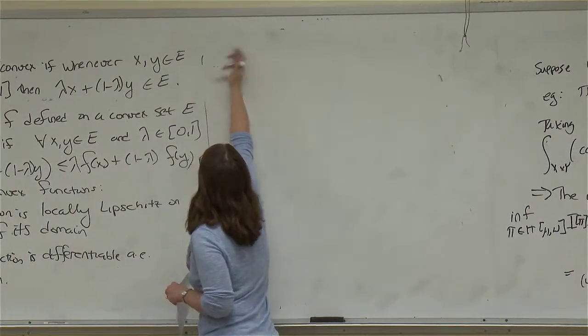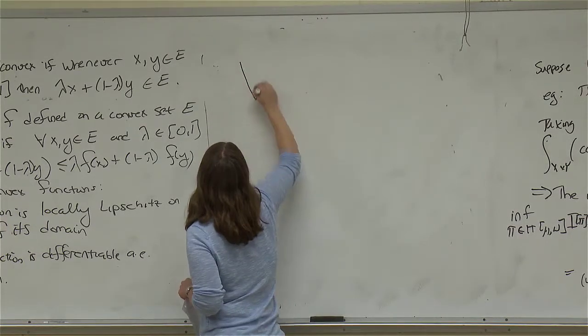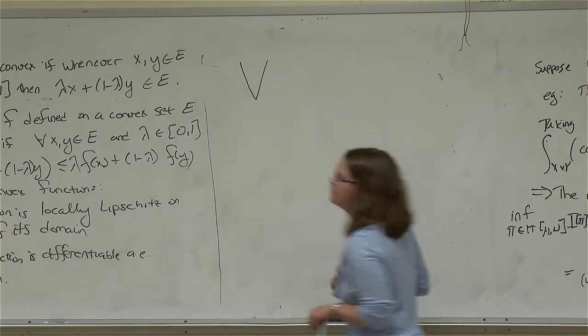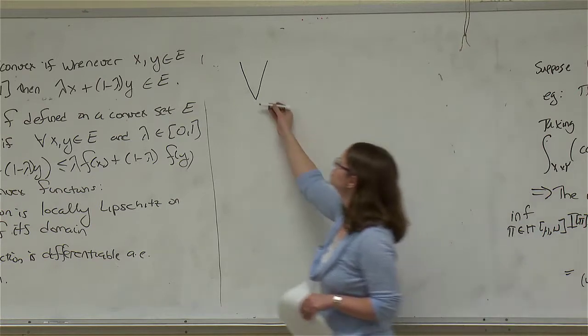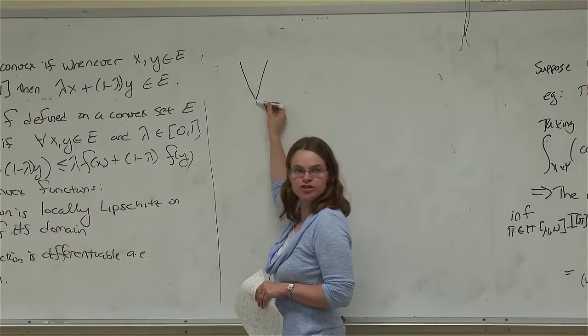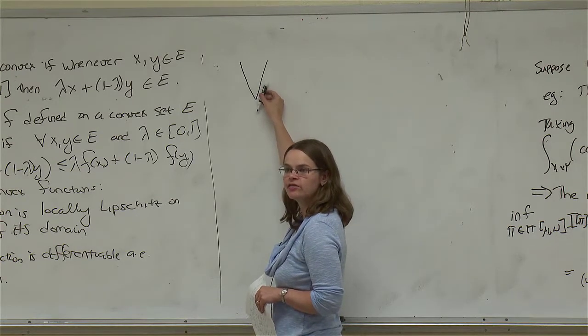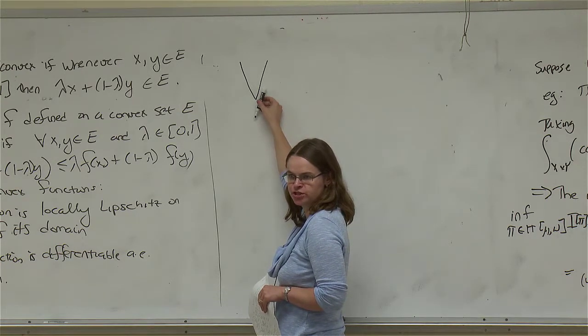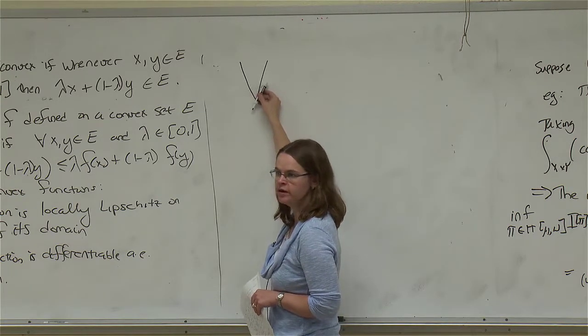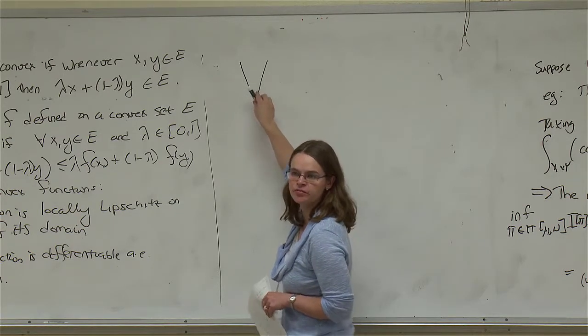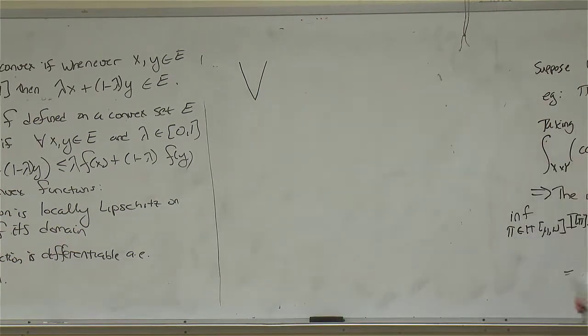Okay, in the interior. So let me take the absolute value function as an example. It's clearly not differentiable at the point, right? But if you just look from the right, it's differentiable if you just come at it from this direction. You've got a one-sided derivative here, and you've got a one-sided derivative from this direction. So that you expect in general.